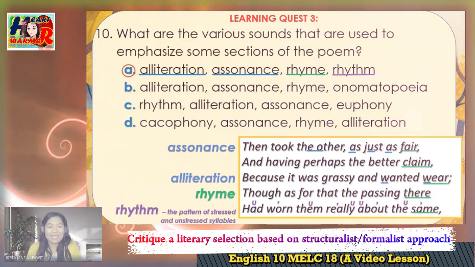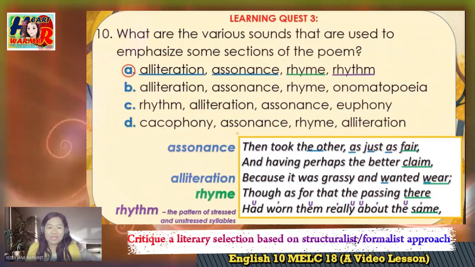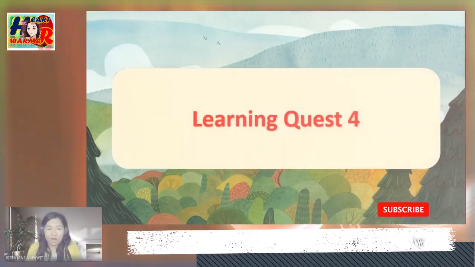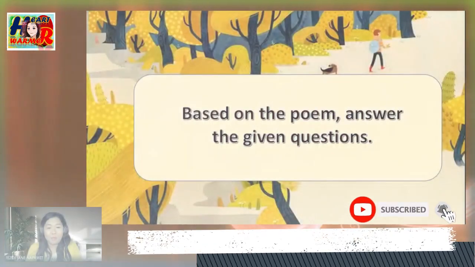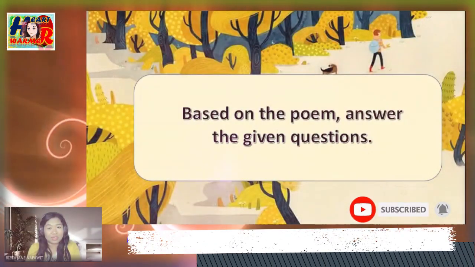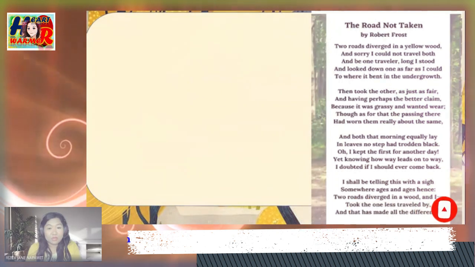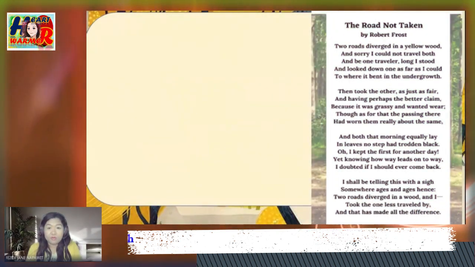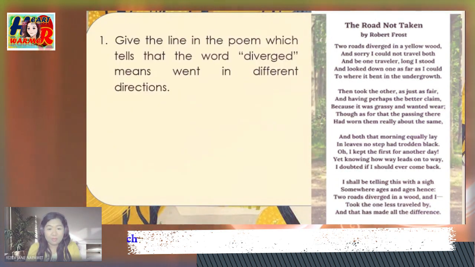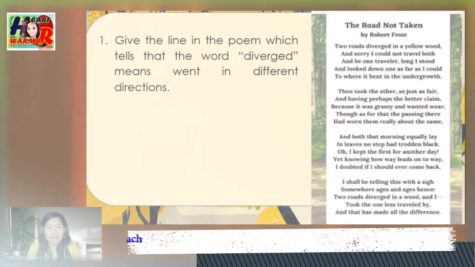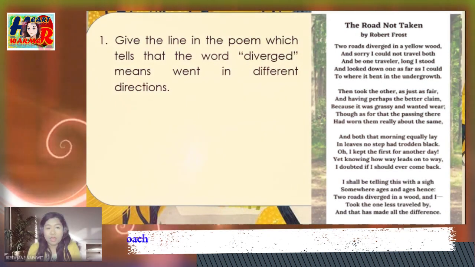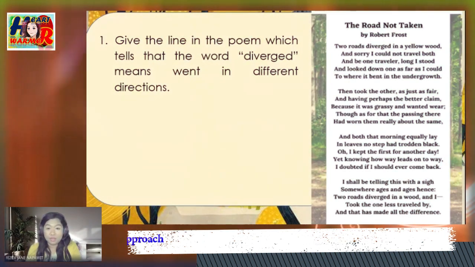Okay? So let's move on to the last learning quest, number 4. Based on the poem, answer the given questions. So this is the poem, again, by Robert Frost, The Road Not Taken. First, give the line in the poem which tells that the word diverge means went in different directions.